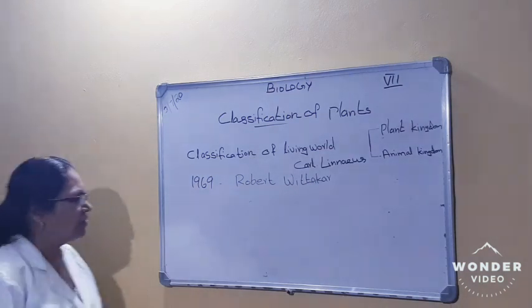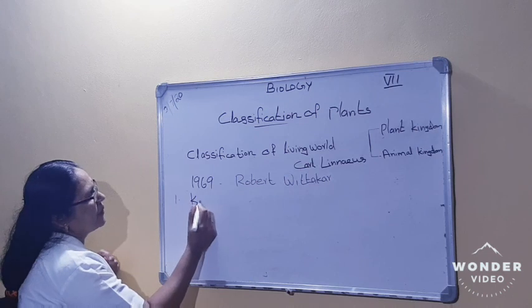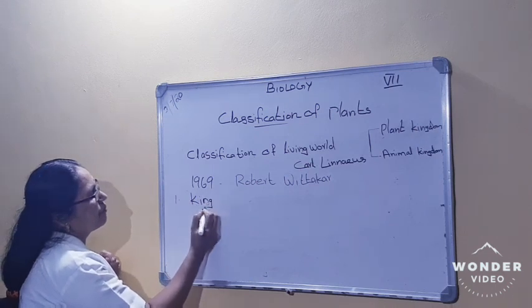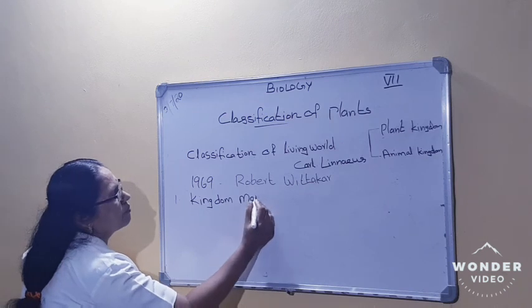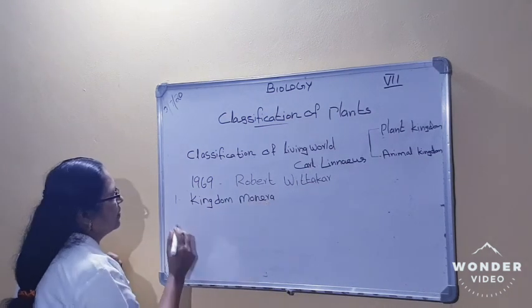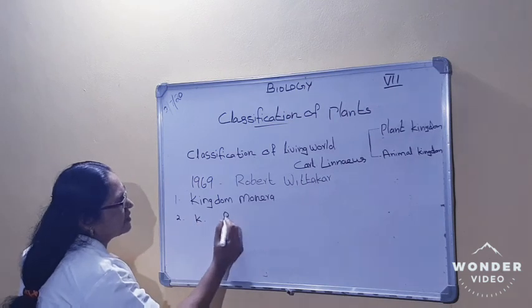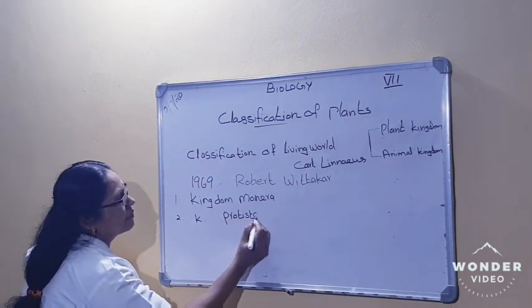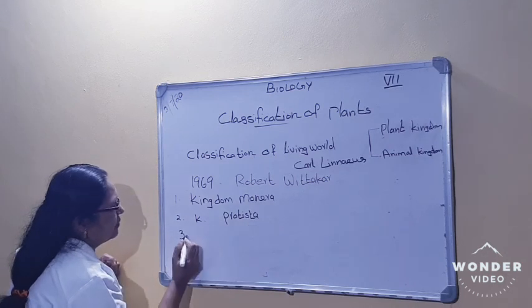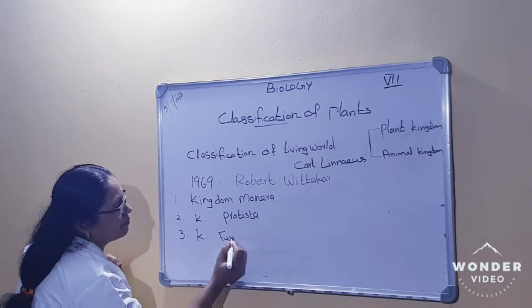They are, first one, Kingdom Monera. Second one, Kingdom Protista. Third one, Kingdom Fungi.